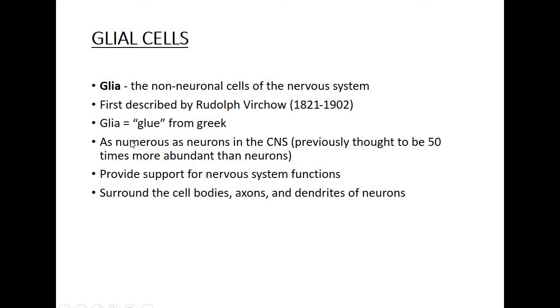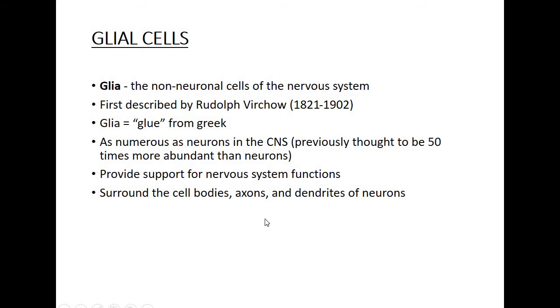Glia is a Greek word for glue, because they serve as a glue. They keep the neurons in a bound form, and they are found in large numbers. They provide support for the nervous system functions, and this term was first described by Rudolf Virchow, 1821 to 1902.